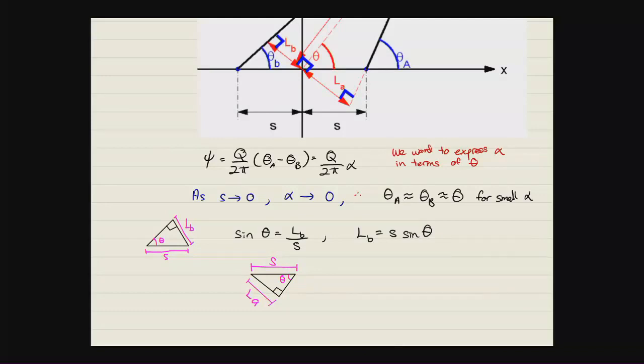Sine theta here is going to be equal to LA over S, where basically LA is going to be S sine theta.